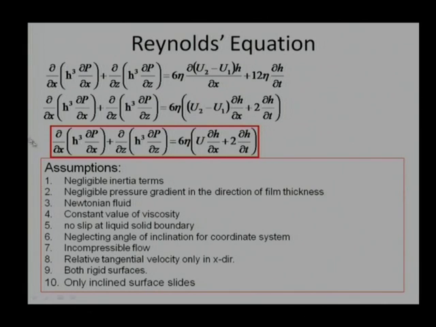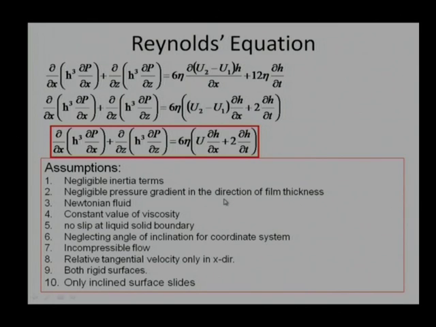In a number of books, the Reynolds equation starts with this kind of form, where a number of assumptions are made. You can understand that to reach this equation, we have made a number of assumptions. We assume a negligible inertia term, which may not be valid particularly at high velocities. Inertia term will not be negligible.